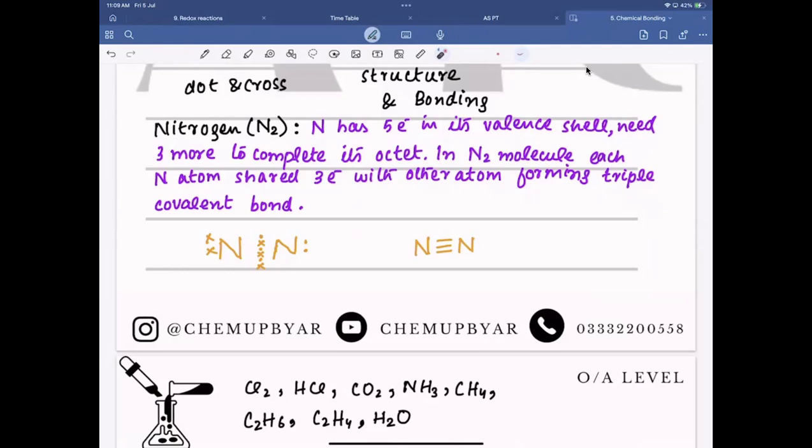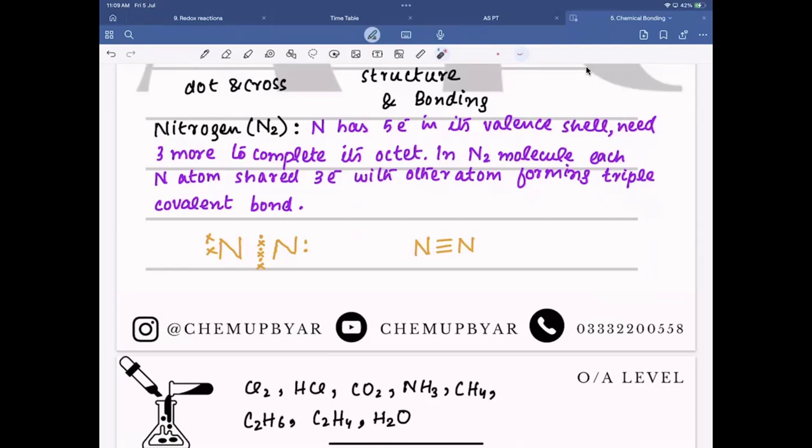Then it's ethene, C2H4, so they are going to share 2 electrons from each carbon atom to the other carbon atom, and the rest of the 2 electrons with the hydrogen atoms. And then we have H2O, where oxygen has 6 electrons, so it will share 2 electrons, one with each hydrogen. So you did it well, very good.